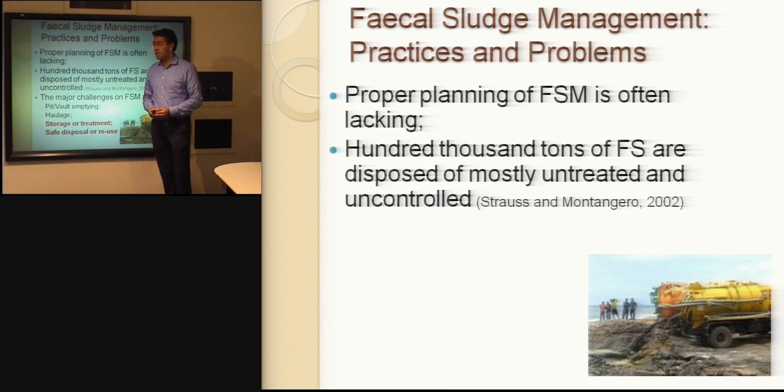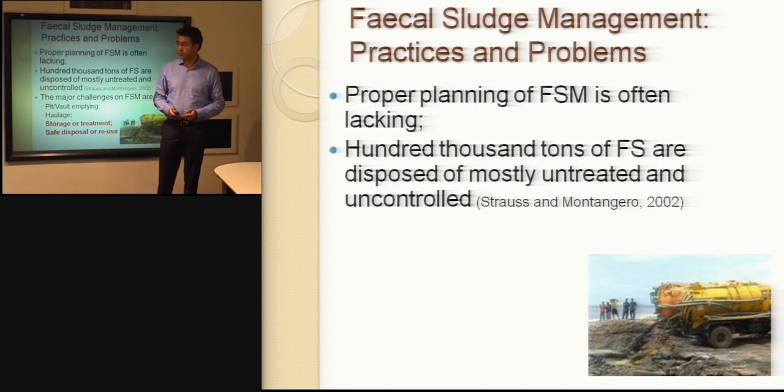Some of the major challenges are how to do the emptying of the pits, vaults, and septic tanks, how to transport these residues in a safe, adequate, and efficient way, and, most important for this unit, how to treat them and have a safe disposal or reuse of this fecal sludge.